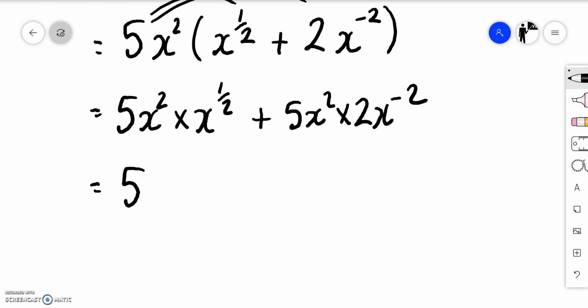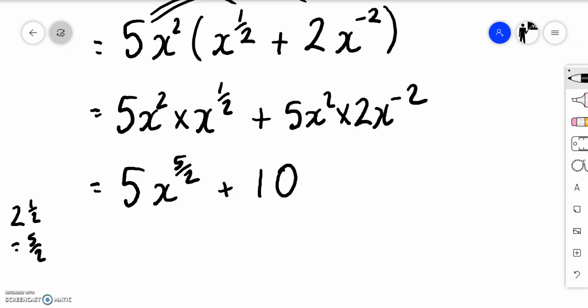So I'm going to have 5x to the power 2 plus a half. 2 plus a half is 2.5. 2.5 is 5 over 2. So that's 5x to the power 5 over 2 plus, I'm going to multiply these, that's going to be 10x to the power. I'm multiplying, so I'm going to add the powers. 2 plus minus 2, well that's 0.